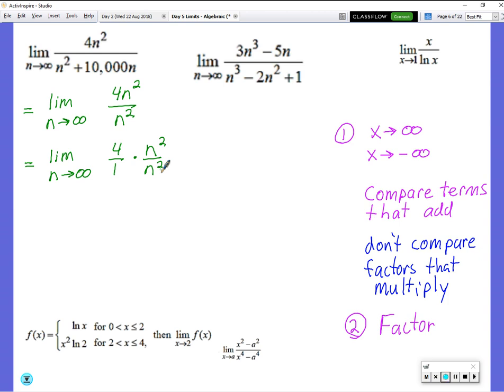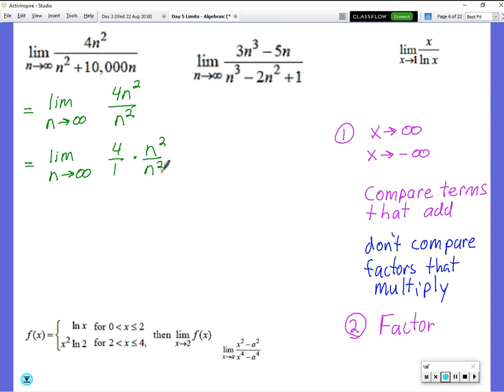So this one's easier to wrap my head around, because I can say, okay, if n gets really, really, really, really big, this will become some large value. So will this. And they'll be exactly the same large value. So if I take this and divide it by the same thing, this is just 1. And 1 times 4 is 4.